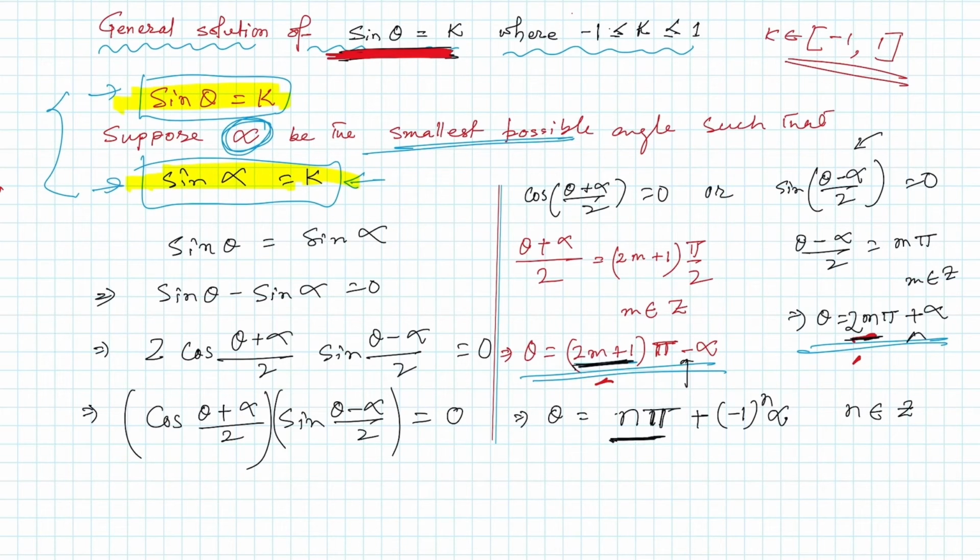When n is even, this term will be positive, and when n is odd, this term will be negative. So this is the general solution for sine theta is equal to k, where k belongs to the range of the function sine theta.